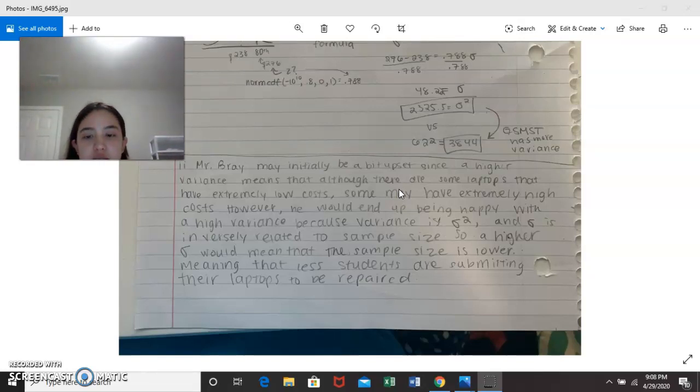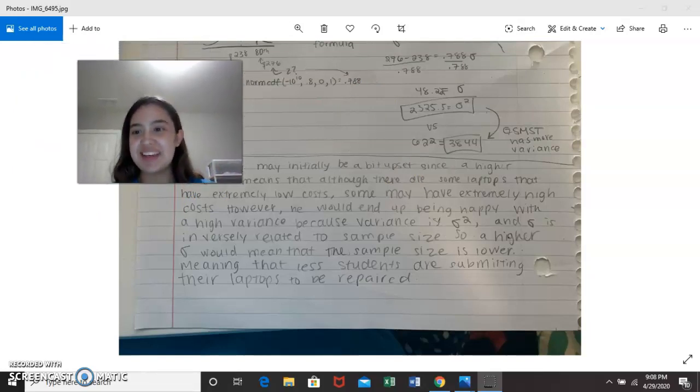So a higher standard deviation would mean that the sample size is lower. Because their standard deviation is higher, it would mean that their sample size is lower, and that fewer students are bringing in their computers to be fixed. So that would probably be something that cost them greatly.